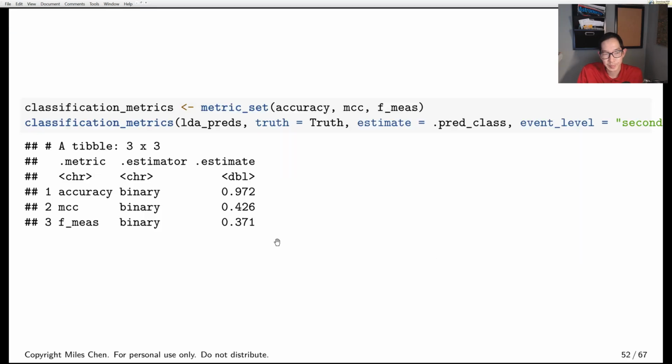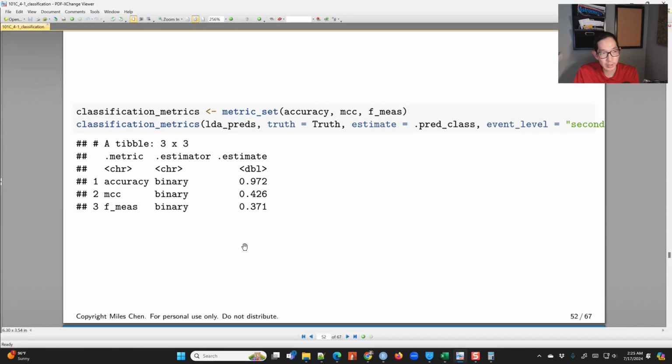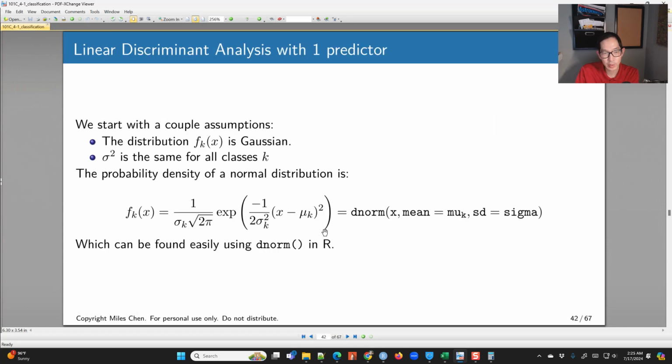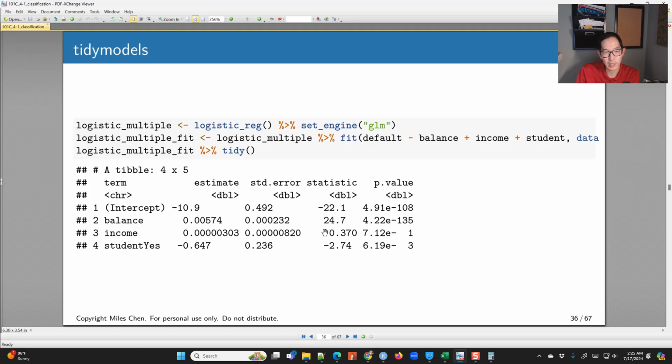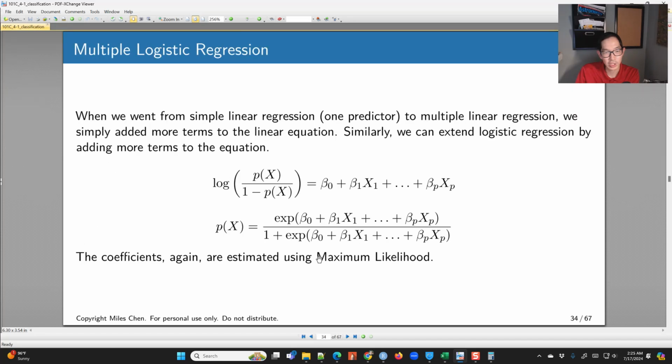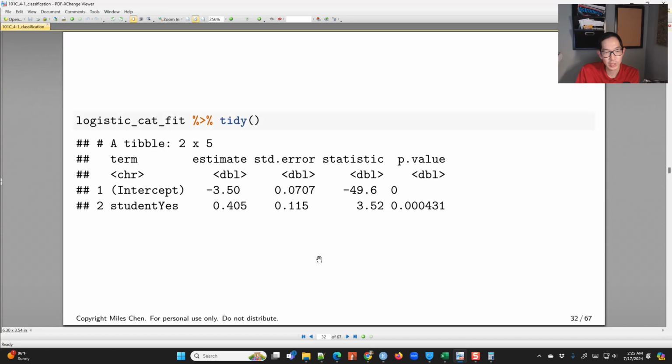Let me scroll back, we're on page 52, to what we got with logistic regression.